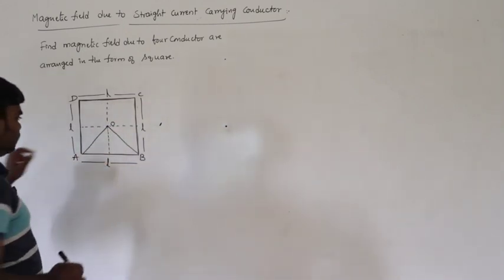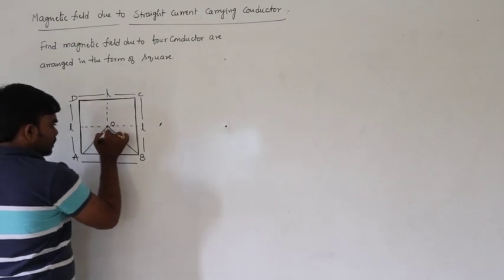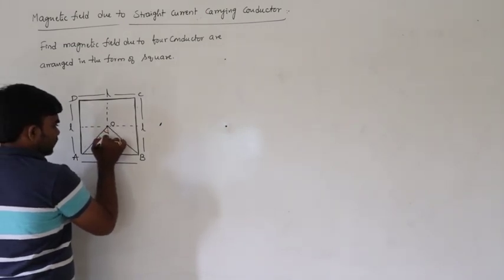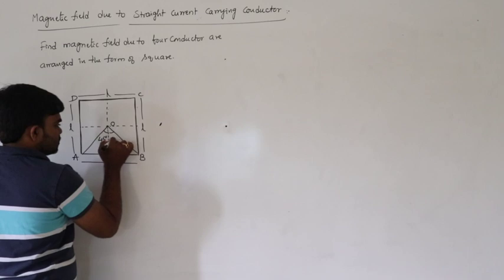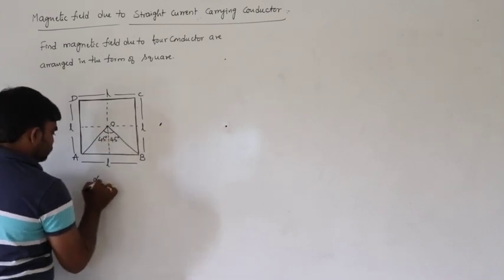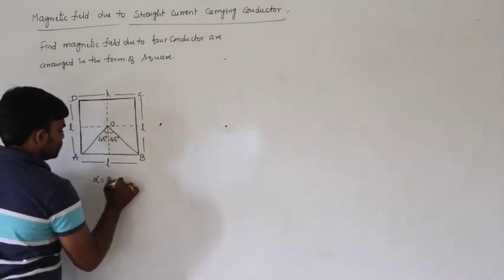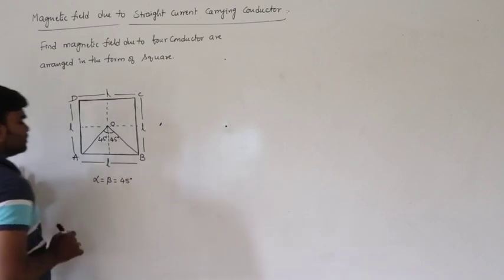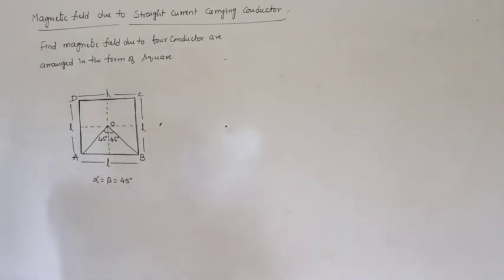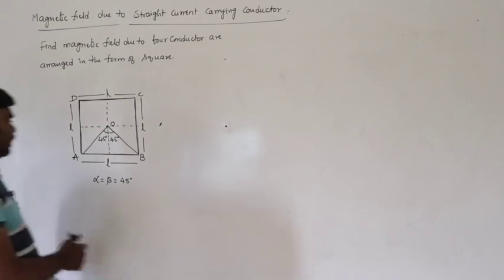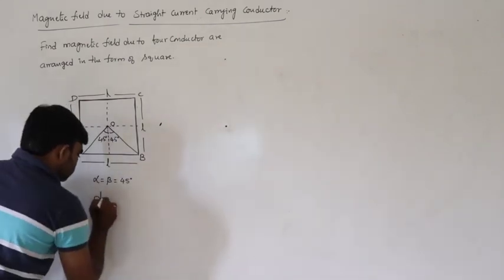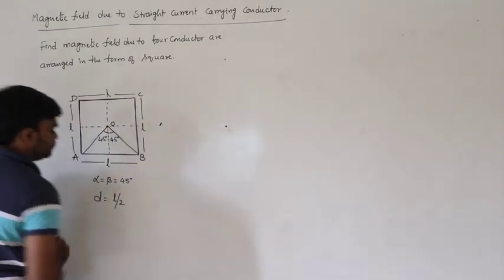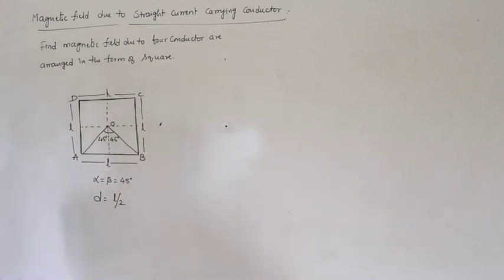Here the angle is 90. Square means sides are equal, so that is 45, and this is also 45. So alpha is equal to beta is equal to 45 degrees, and D is equal to L by 2.